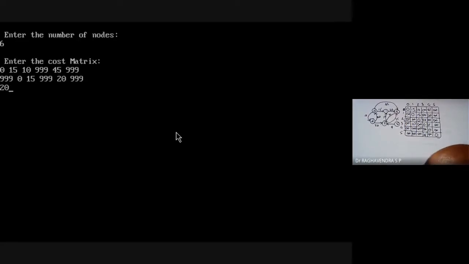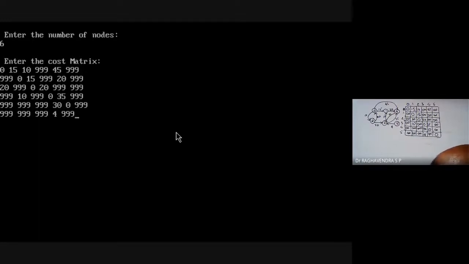Then 20, infinity, 0, 20, infinity, infinity, 10, infinity, 0. Then 35 and infinity, 3 infinities. Then 30, 0, then again infinity. Then 3 infinities. Then 4 and infinity, then 0.